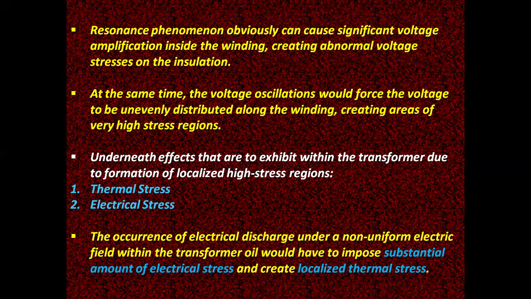Underneath effects that exhibit within the transformer due to the formation of localized high stress regions are thermal stress and electrical stress. The occurrence of electrical discharge under a non-uniform electric field within the transformer oil would impose a substantial amount of electrical stress and create localized thermal stress.